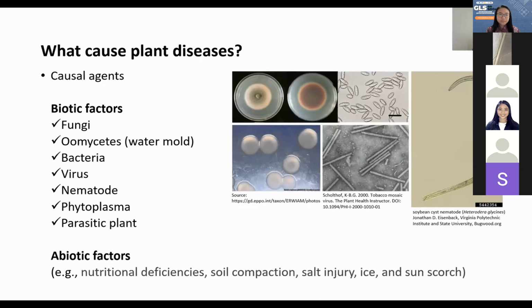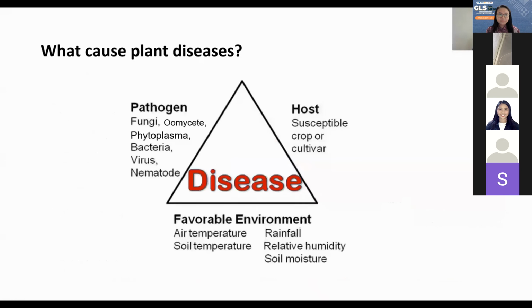Okay, so now we know the causal agents of plant diseases, right? Let's move on to how plant disease occurs, right? There is a concept in plant pathology that's called the disease triangle.